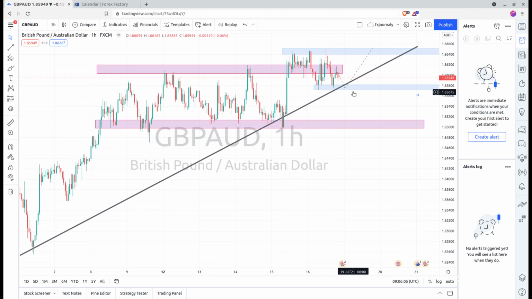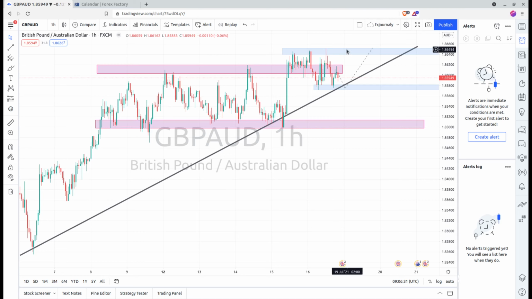Okay, so what I'm expecting though, going back, is that throughout the course of the Asian session, price is going to gradually move into this area right here. Okay, that's the first scenario. Or it can gradually take off and move into this area right here.